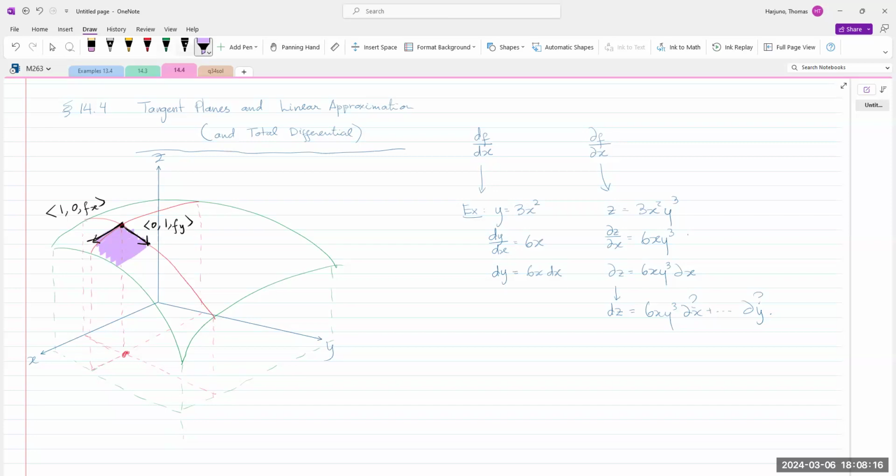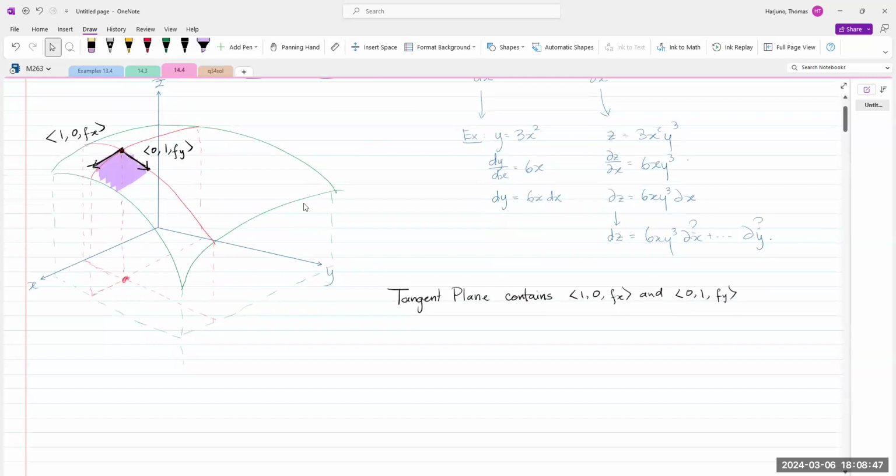Okay, so the tangent plane contains 1, 0, f sub x and 0, 1, f sub y, right?